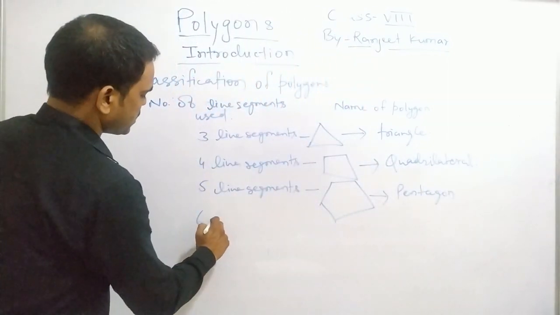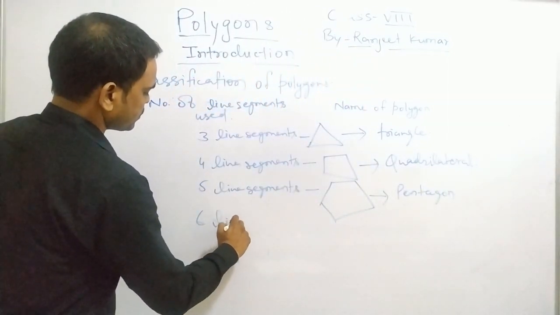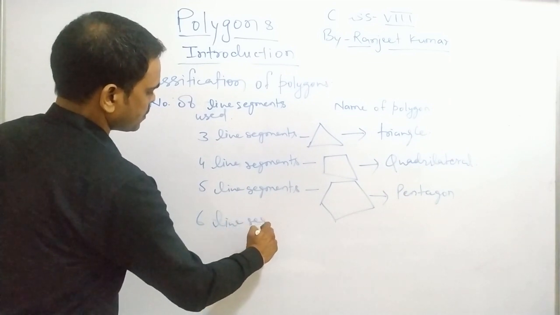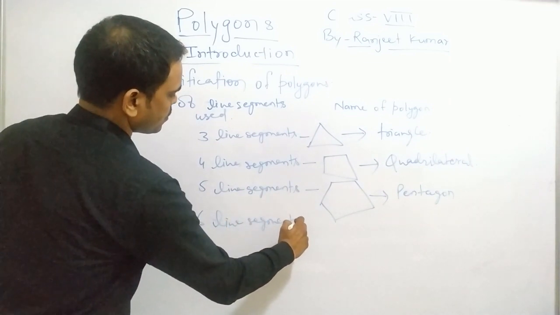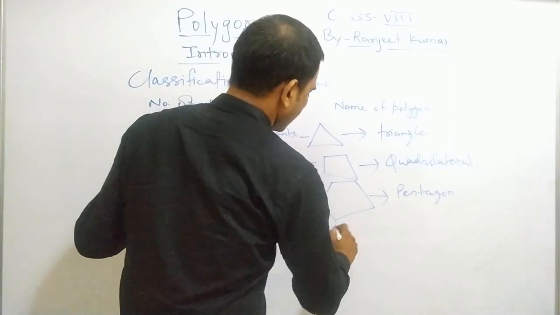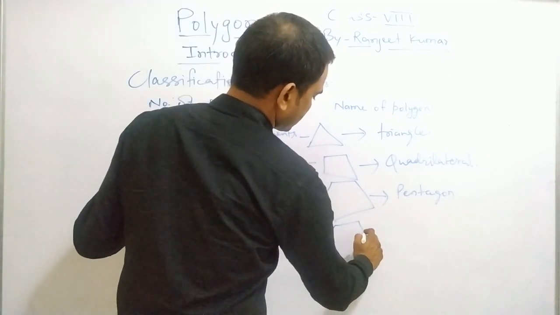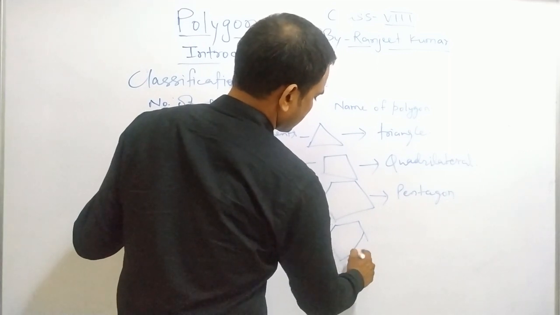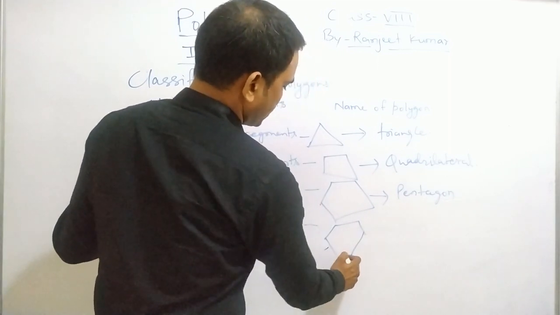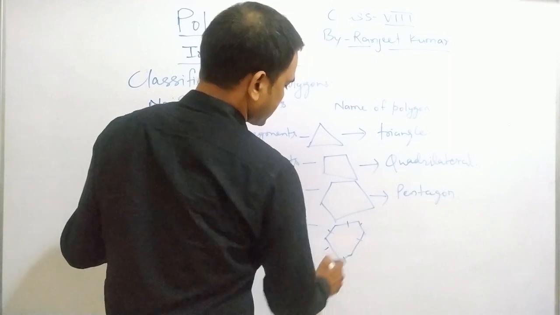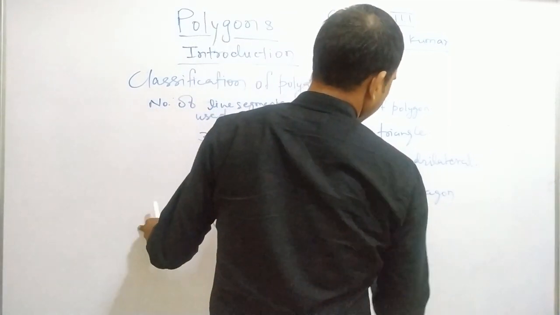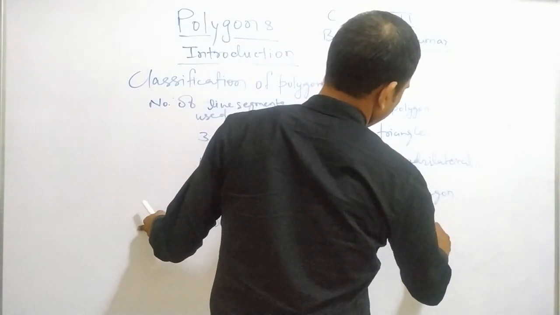With six line segments, we can make like this, one, two, three, four, five, six. It is called hexagon.